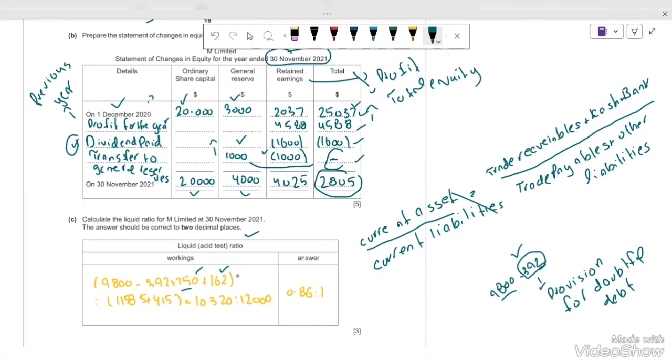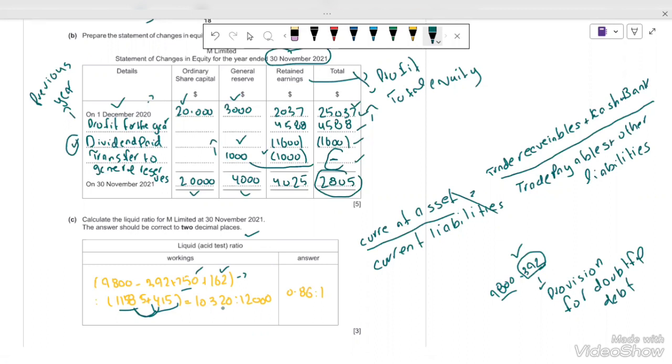So these are our current assets values, and after that we have current liabilities. So 415 was our accrued operating expenses, which was our current liability, and 11,585 was our trade payables. So we just have to add both of these.